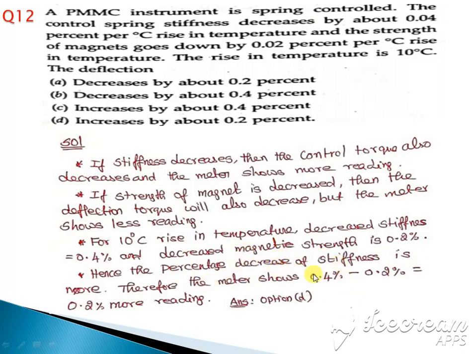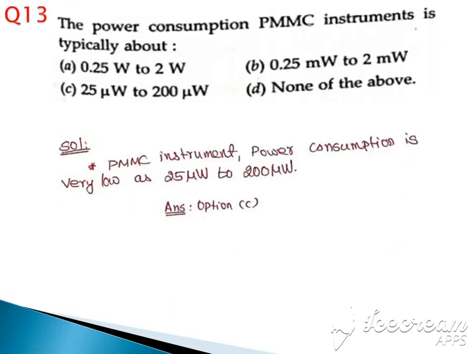Hence the percentage decrease of stiffness is smaller, therefore the meter shows 0.4 minus 0.2, which is 0.2 percent more reading. The answer is option D.